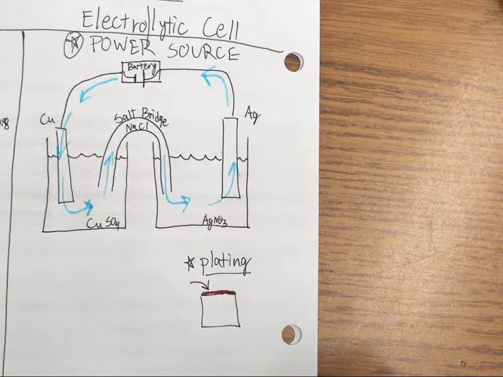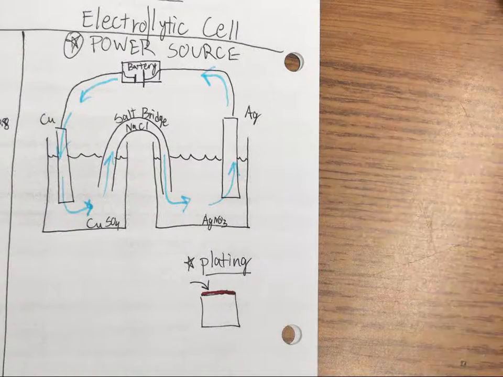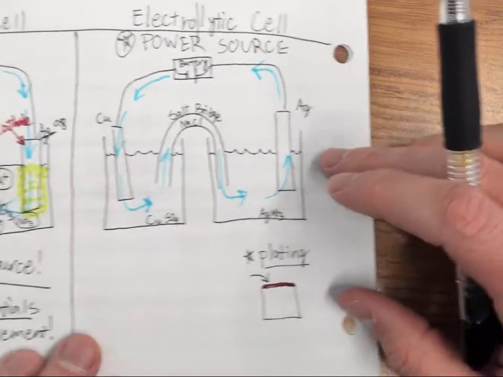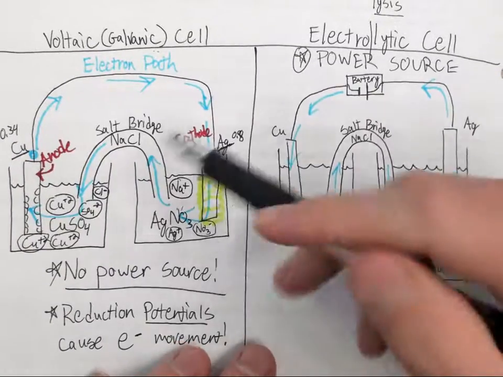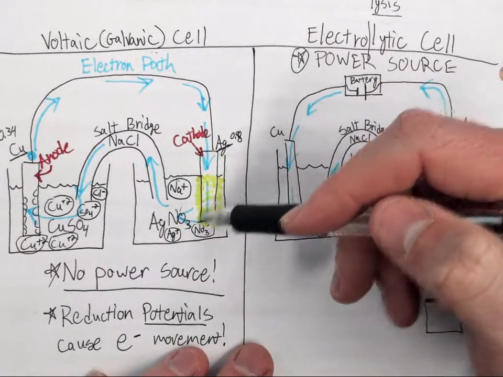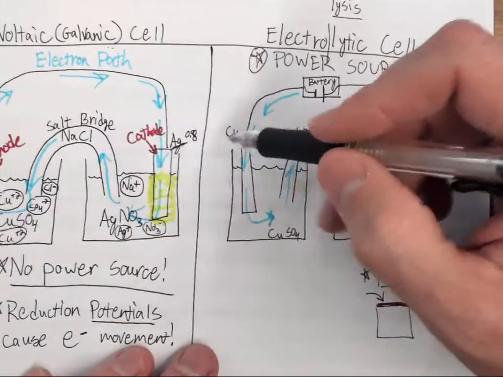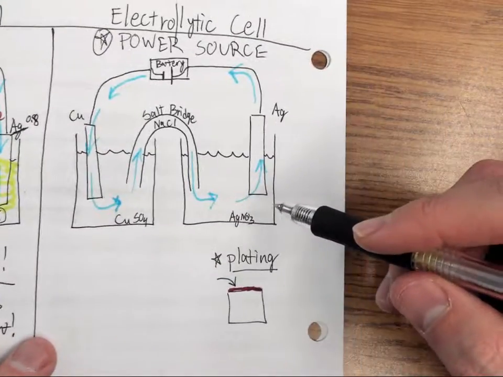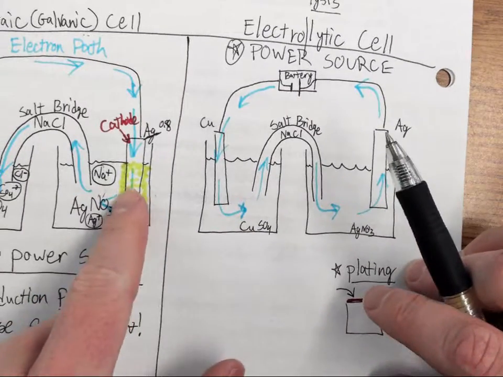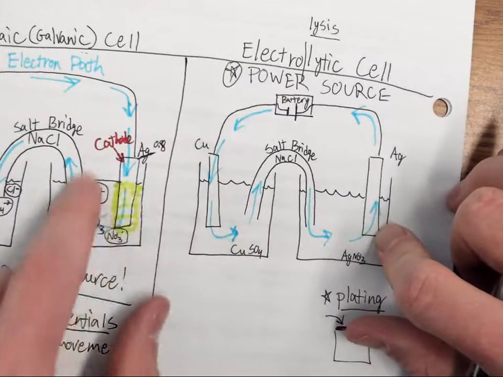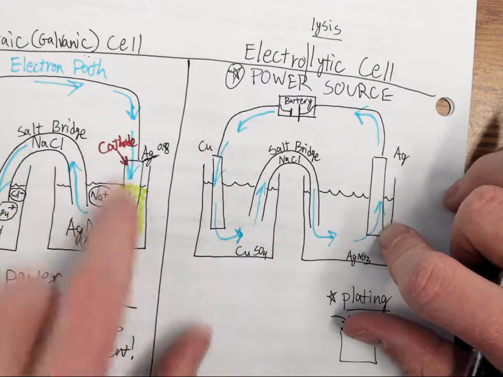Go ahead. Don't they also use it to remove rust off metal? Yeah, there's tons of different applications. You can do all kinds of stuff. But realize, just to use your example, if we're creating oxides and rust by sending it this way, what would happen if we reversed it? All of that stuff would then go into solution, which would reverse this reaction, which would make it cleaner, right?